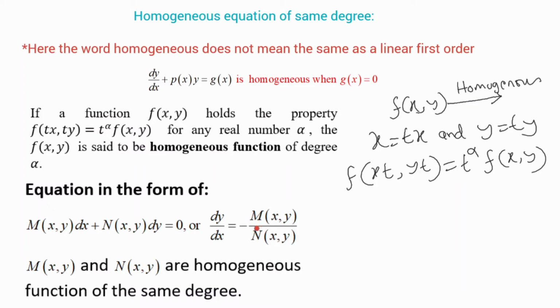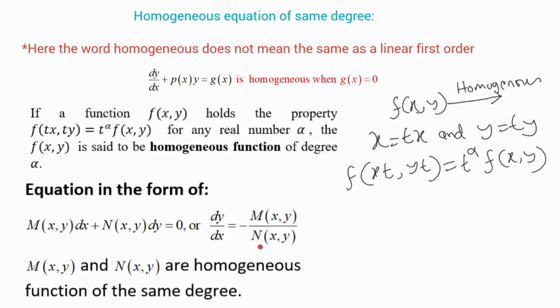Without any calculation, we can say this is a homogeneous equation if we see that M is of second degree or any degree, all the terms of M are of the same degree.